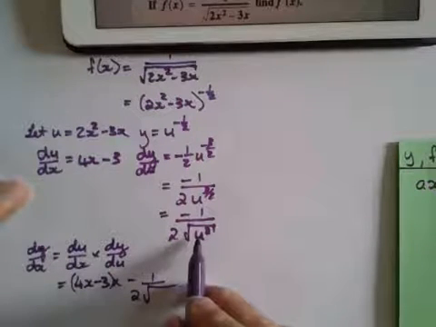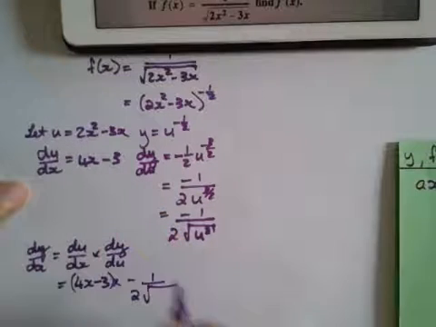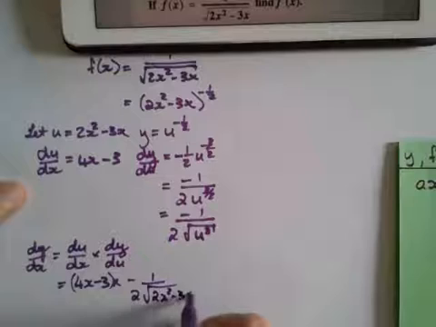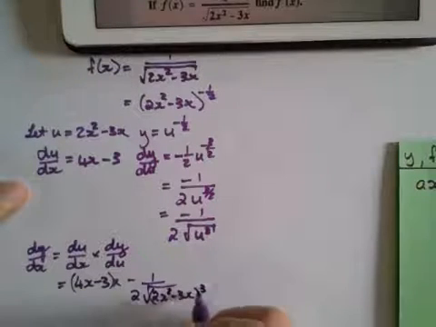And now I'm going to substitute u back with 2x squared minus 3x, so that is 2x squared minus 3x all cubed.